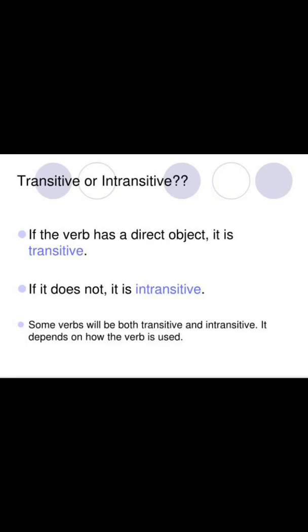While if there is no direct object in a sentence, then the verb in that sentence will be termed as intransitive verb. Some verb will be both transitive and intransitive. It depends on how the verb is used. That means there are few verbs which can be used as transitive as well as intransitive.